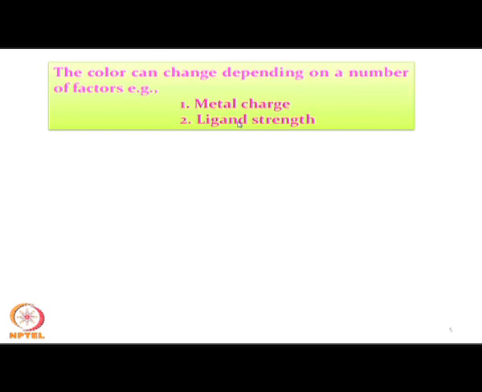Similarly, we can go for the ligand strength, that means taking one ligand to another from the spectrochemical series, which is why the name spectrochemical series is there.